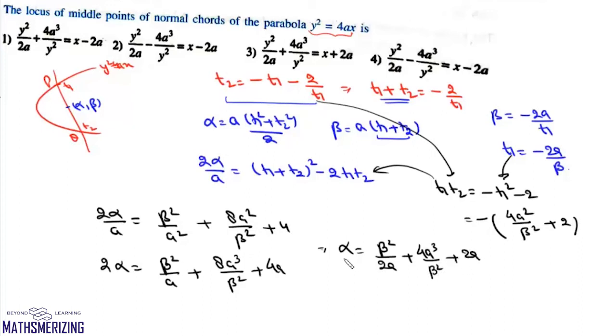Replacing alpha with x and beta with y, x equals y square upon 2a plus 4a cube upon y square plus 2a. And that's option number 1.